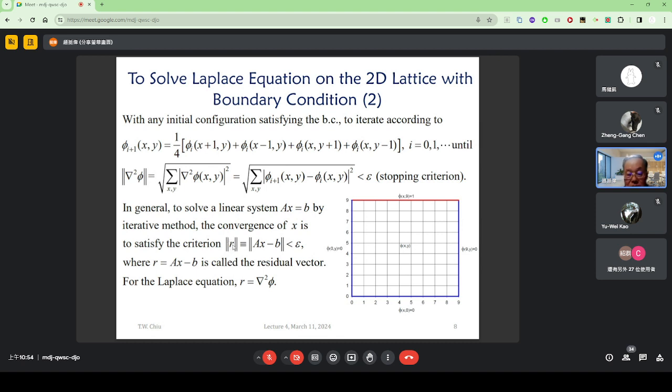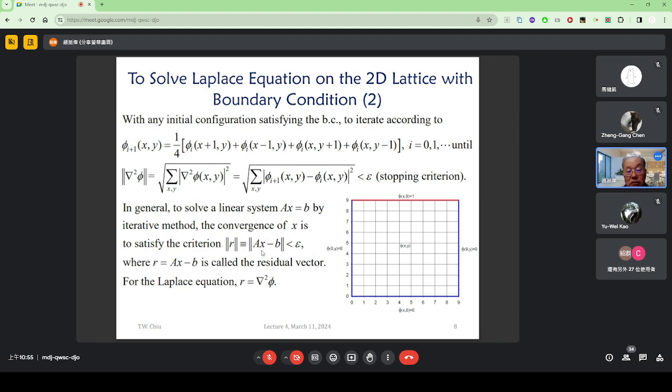R is the residue vector, because Ax - B is 0 if X exactly satisfies this equation. Otherwise, there's the residue, there's the error.